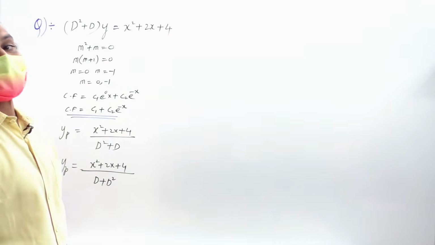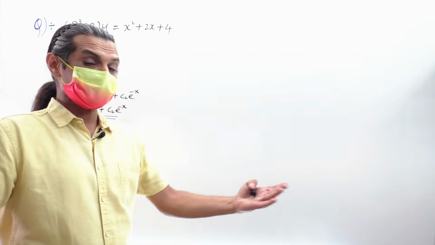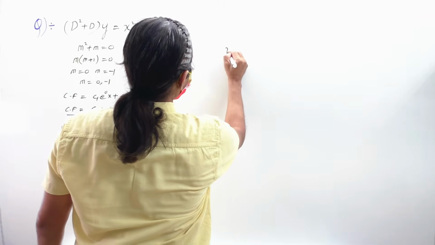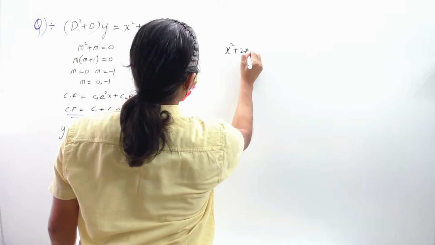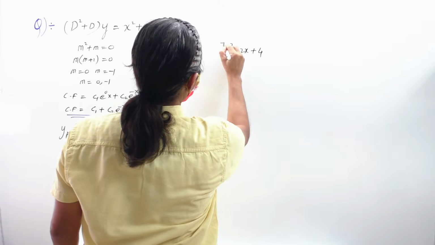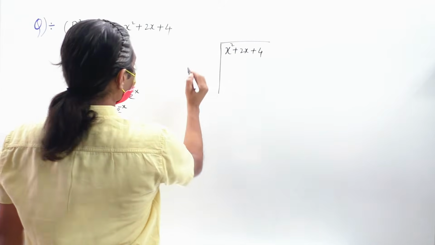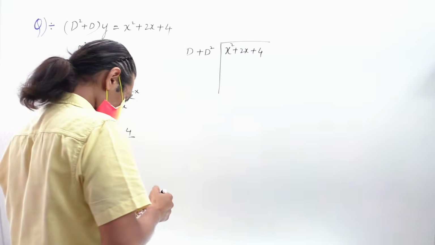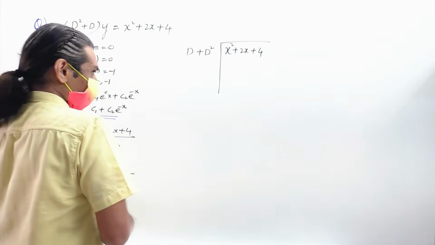Now, we need to find the particular integral, the quotient, using the long division method. Okay, right here, x square plus 2x plus 4 whole divided by d plus d square. Now, let's solve this.